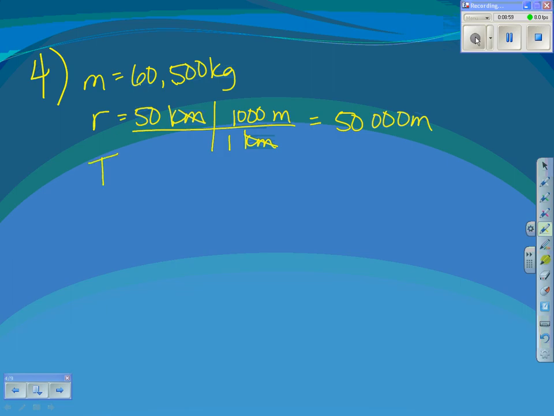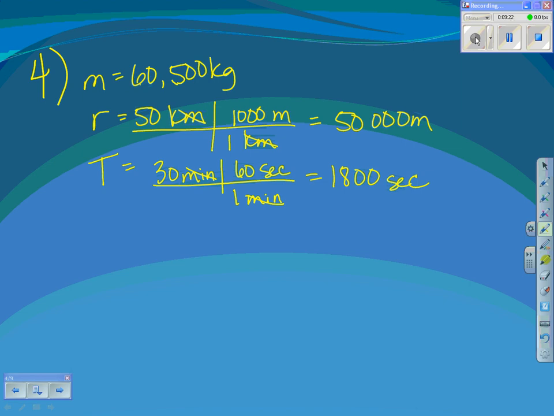So we have a period because he does it once. We have 30 minutes, and we don't like minutes. We have to convert to seconds. So for every 1 minute, we have 60 seconds. So we cancel that out and we multiply, and we get 1,800 seconds that he has to fly around in this circle.